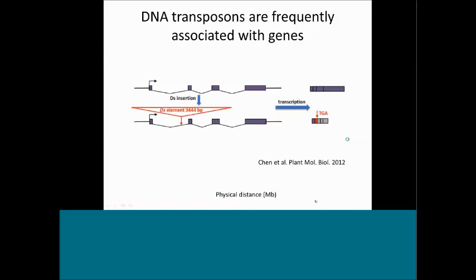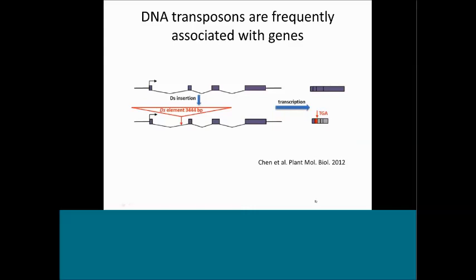So in general, the DNA transposons are frequently associated with genes, and the retrotransposons are more likely located in the heterochromatic regions. But this is not absolutely true. There are always exceptions.